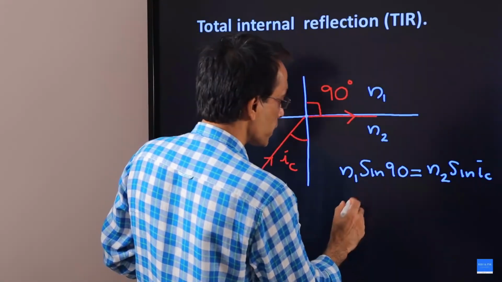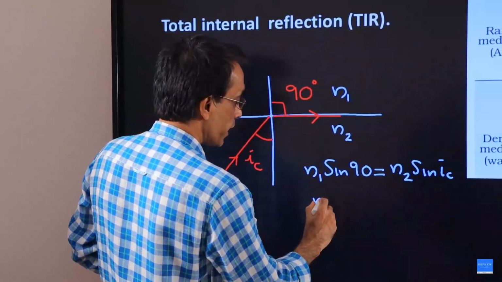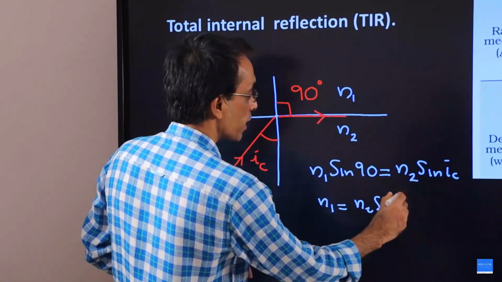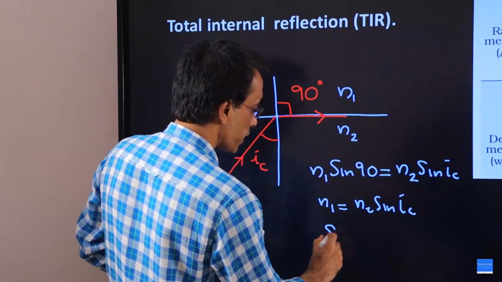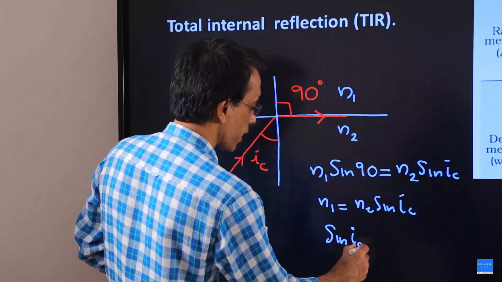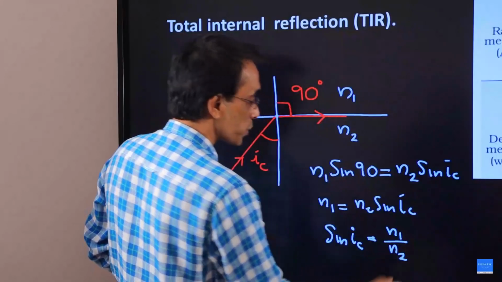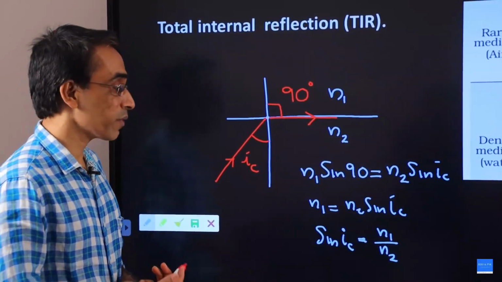Fine. Now sin 90 is 1. So you will get n1 equal to n2 sin iC. So we will get sin critical angle equal to n1 by n2. Sin iC equal to n1 by n2.